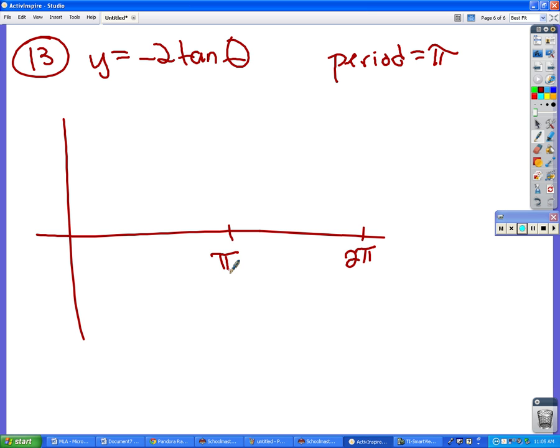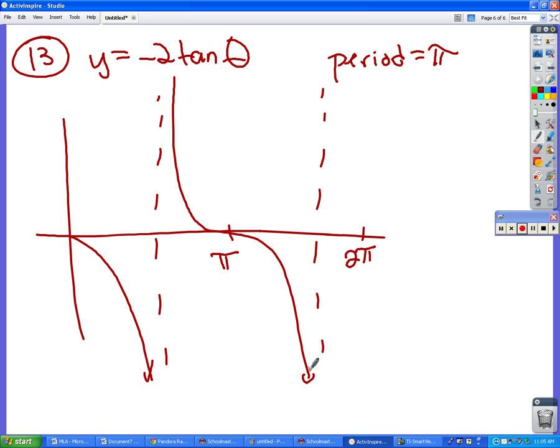So there's going to be an asymptote at pi over 2, and there's going to be an asymptote at 3 pi over 2, and since it's negative, that means it's going to go down instead of up. Oh, I forgot to draw my asymptotes.